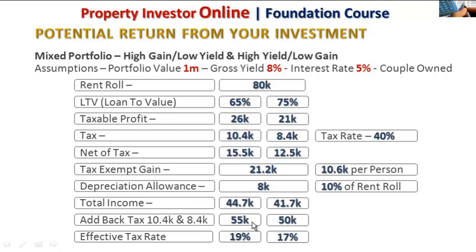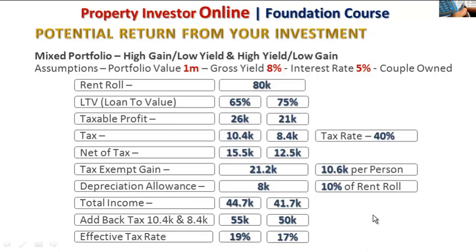And in the case of 75% loan to value, it will increase from £41,700 to £50,000. But we are a few modules away from seeing how we achieve that as a strategy.